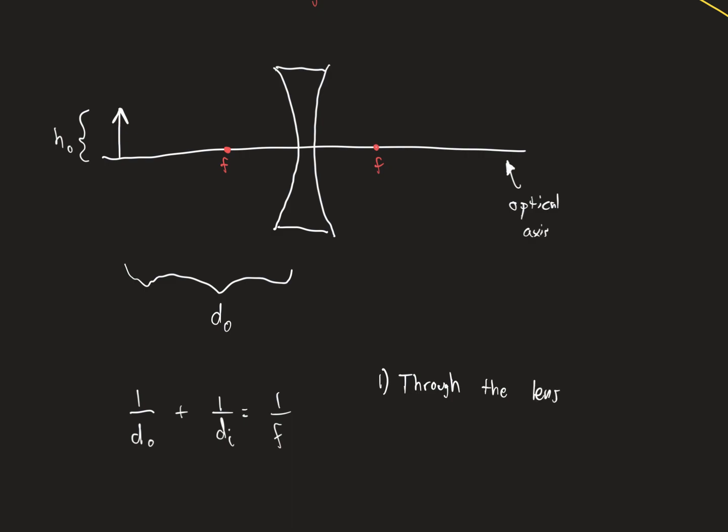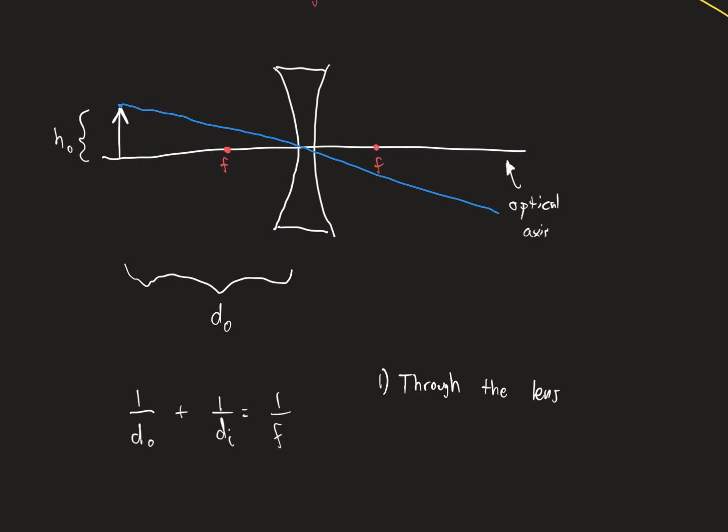So let's draw that in blue. I'm going to draw a line that goes from my object, and I'm just going to go straight through the middle of the lens. Just a straight line. Can we all handle drawing a straight line? I suspect so. Not too complicated.